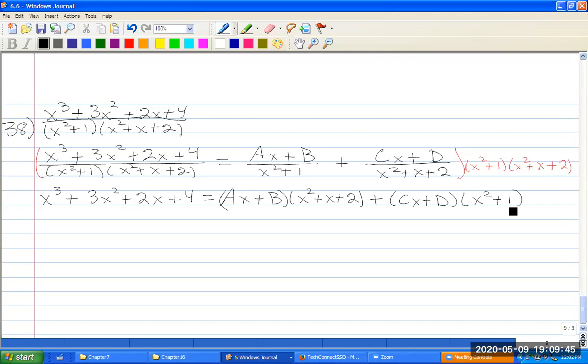X squared plus 1 is 0 at i and negative i. So let's let x equal i, see what happens there.